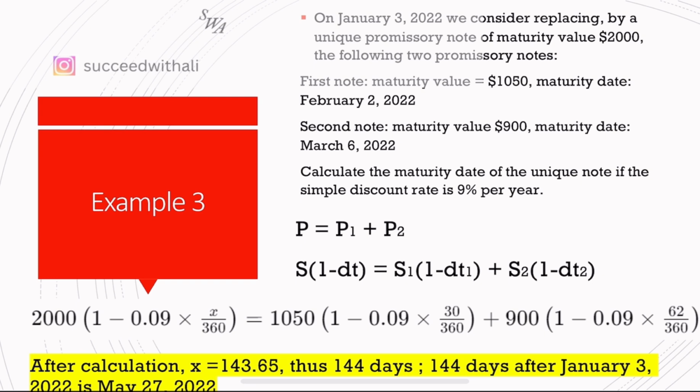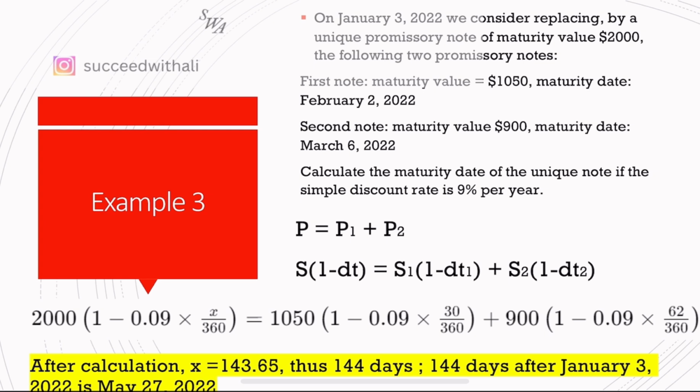From where did we get that 30? From January 3rd, 2022 to February 2nd, 2022, the time is 30 days. Plus 900 into 1 minus 0.09 multiplied by 62 over 360.